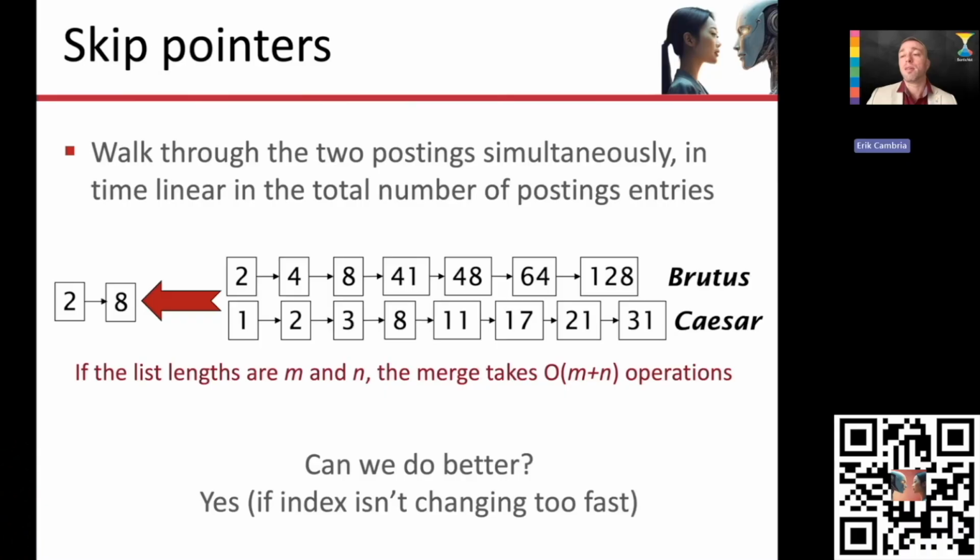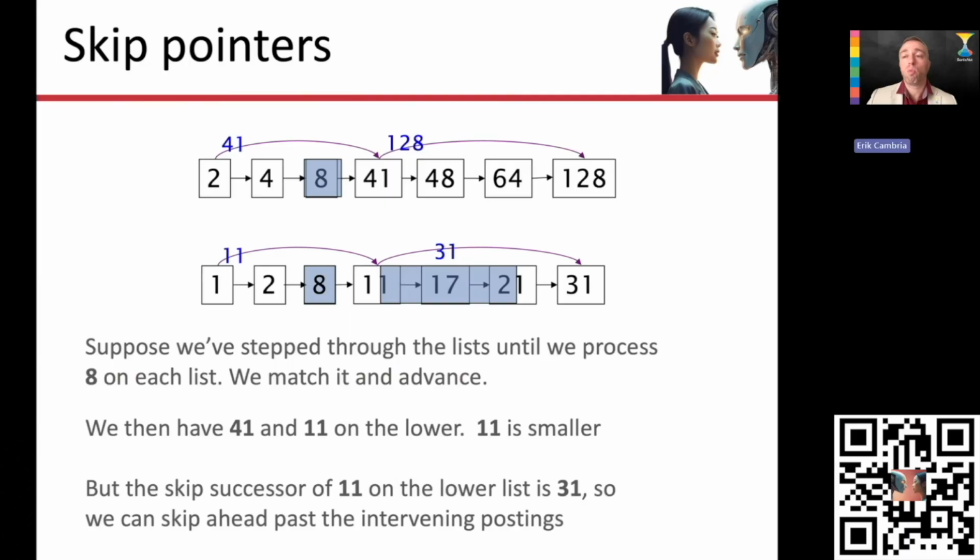This again is something that we can easily do with Python, but let's say if I'm working on hardware and I want to optimize my system, then one trick that I can use is that I will skip some sections of the lists that I have to check, because, for example, if I know that between 8 and 41 there is nothing for the specific word, then there is no point for me to go and check whatever is in between this gap, right? So this is how skip pointers work.